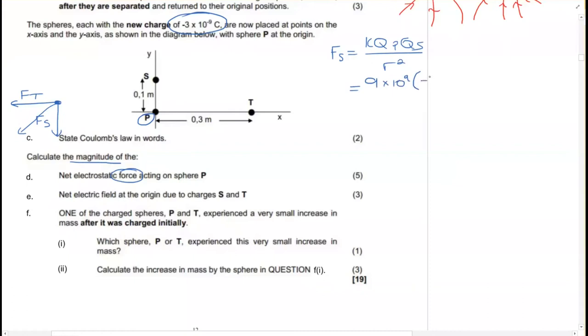Q_P, well, both of them is -3 times 10 to the -9. So you can put that in twice or just square it. They both have the same charge. And then our distance is 0.1 meters. So it's already in meters, but don't forget to square that value. And that gives you 8.1 times 10 to the -6 newtons down.